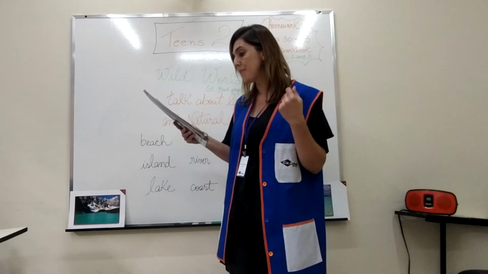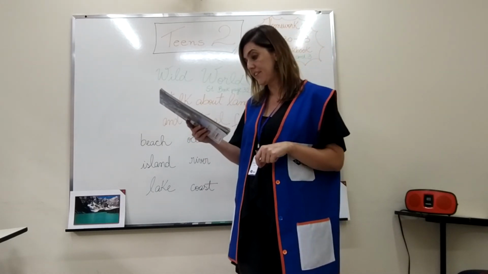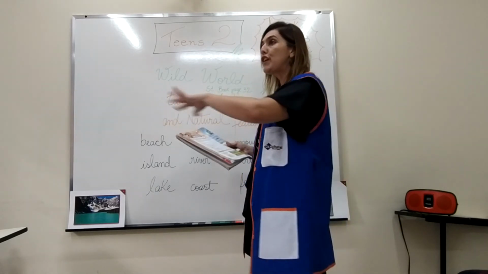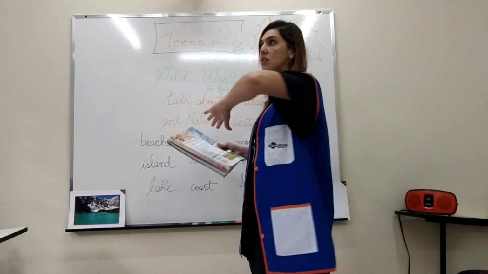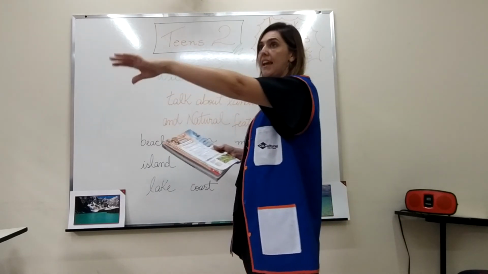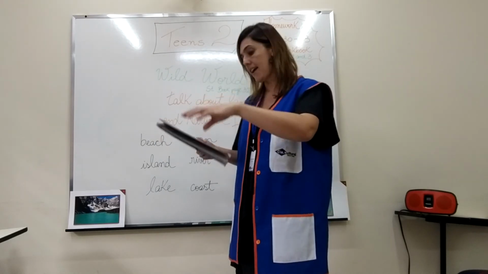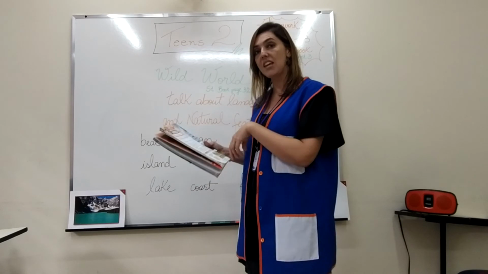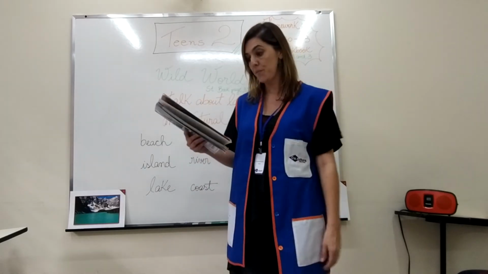Okay? Field. What letter is field? Letter E. So the field, when you are in the countryside and you look and you only see grass and all these features here, mountains, it's a field, okay?